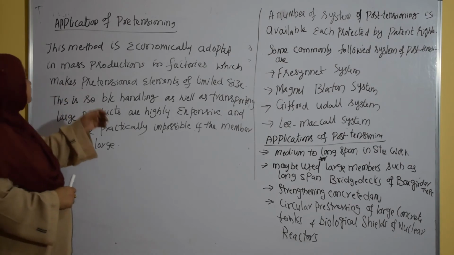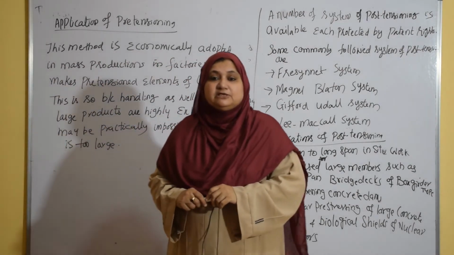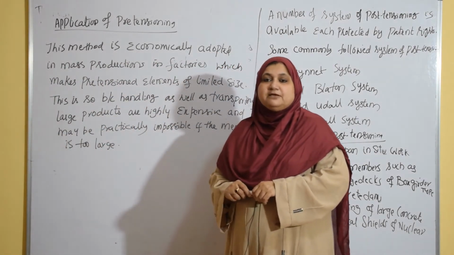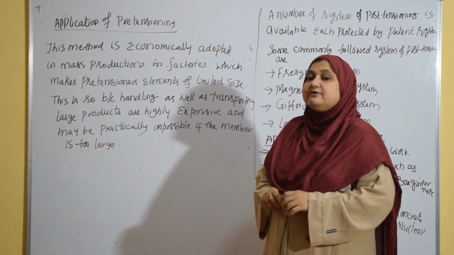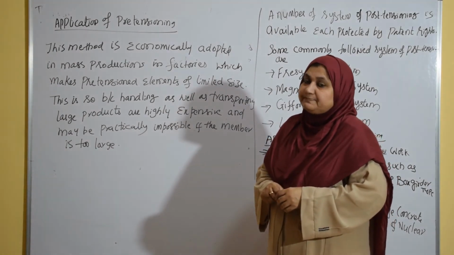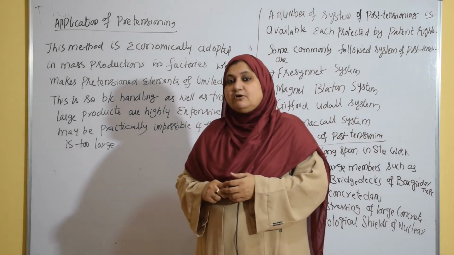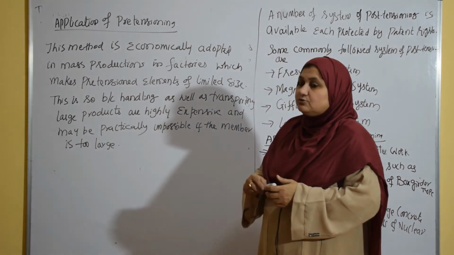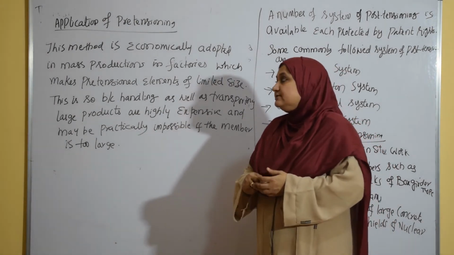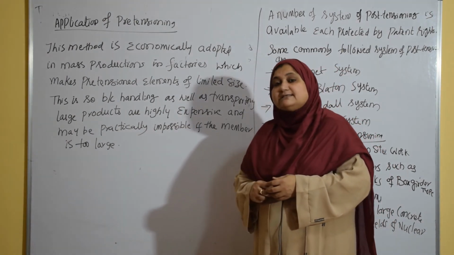Now after the systems of pre-stressing, we will see the applications of pre-tensioning and post-tensioning, where we are going to majorly use pre-tensioning and where we are going to employ the post-tensioning method of pre-stressing. As you know, pre-tensioning will be done in industries, that is in mass production.